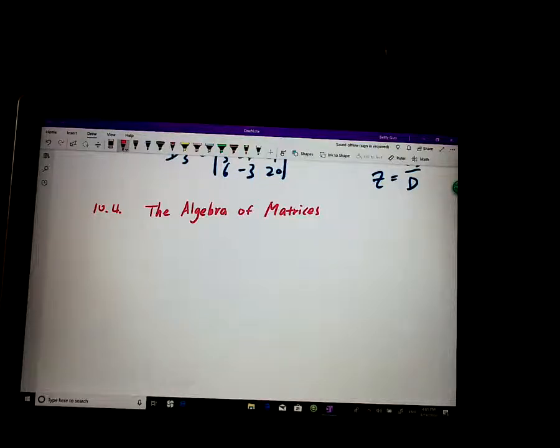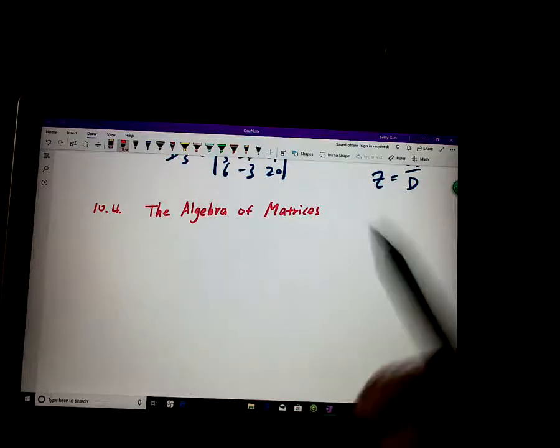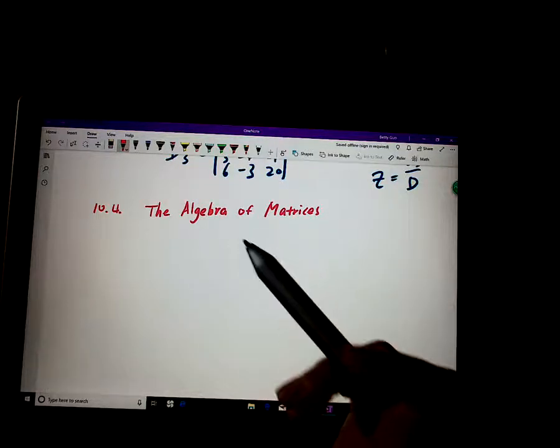The first thing: what does it mean when we say two matrices are equal to each other?